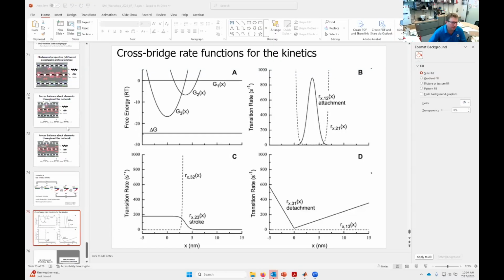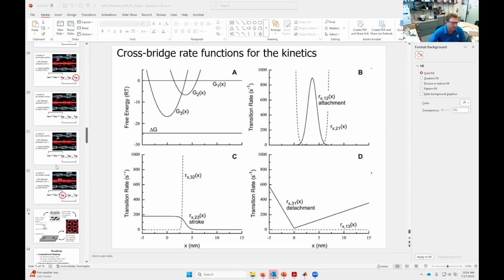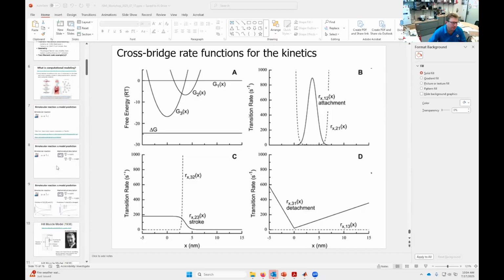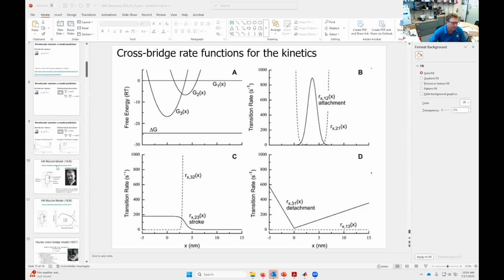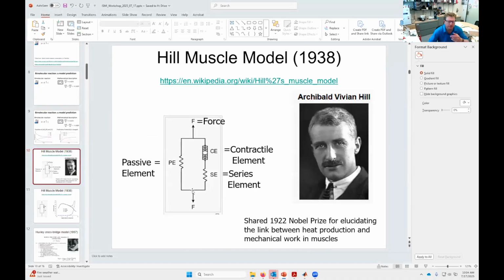So, even thinking back to that first thing I wrote about the Hill model, a lot of what I just showed you for those spatially explicit models was essentially something to do with contraction of a lot of these contractile elements and series elements all lined up together, like what the cross bridge was doing along the thick filaments.